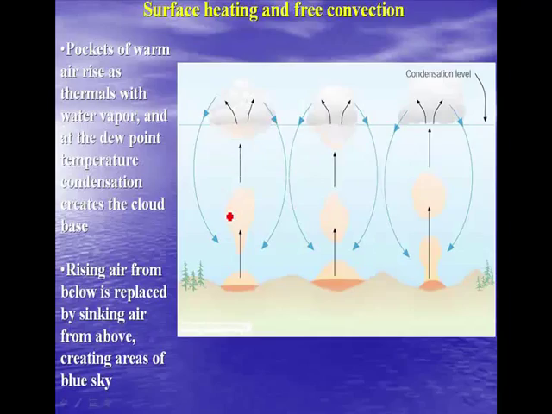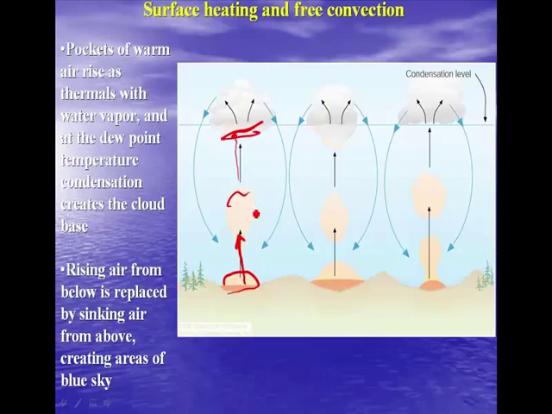Now let's just talk briefly about surface heating and free convection, and I've touched on a bit of this already. But again, during the day we begin to have air that's being unevenly heated at the Earth's surface, and as the air begins to heat, it rises, it cools, and eventually condenses, forms a cloud. And if the air is still unstable enough, the cloud will continue to develop right here at this point.